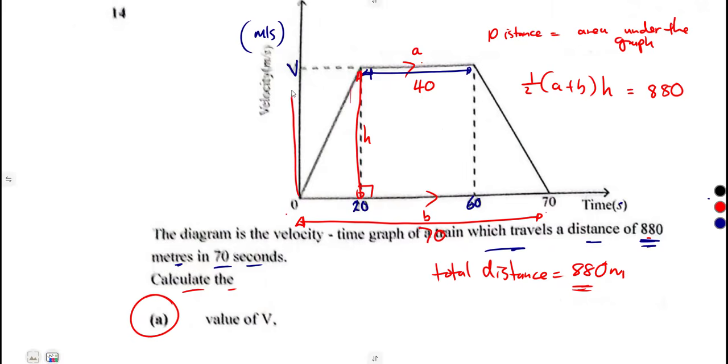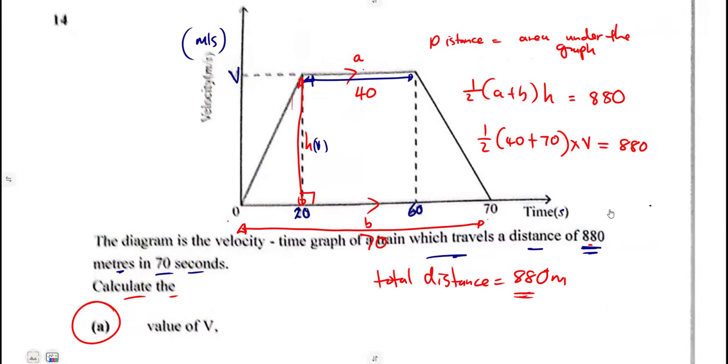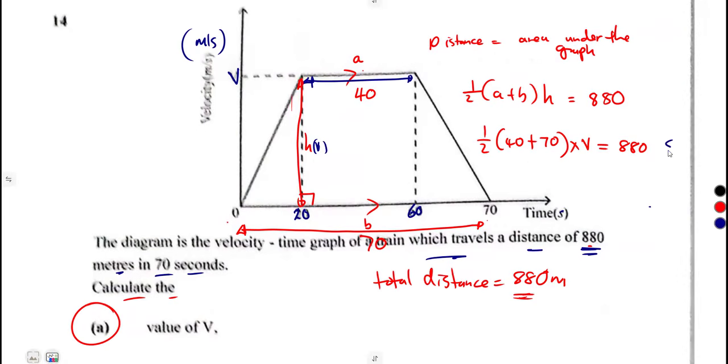So H is the perpendicular height, the distance here representing our V. So H is representing V. So that's half of A, which is 40, the difference, plus B, which is 70, times H, that's the value of V, giving us 880. We formed an equation that you need to solve for V. So I can simply add these two.